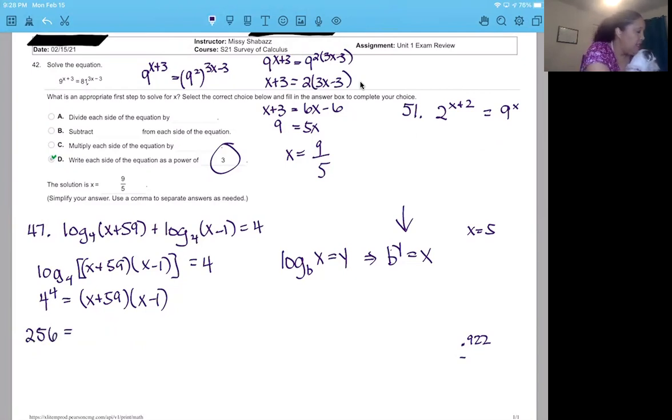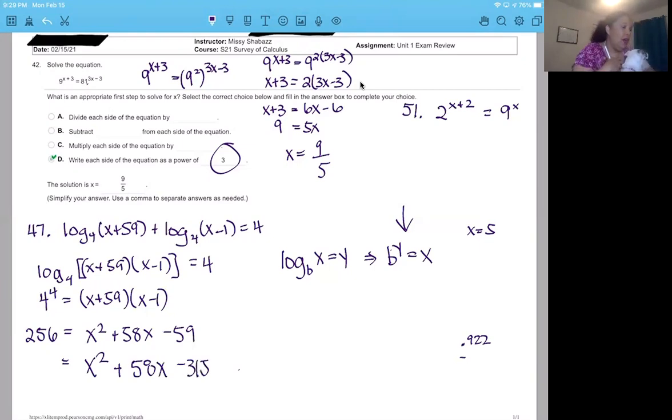And then I need to FOIL this side, so I have an x squared plus 58x minus 59. So let's subtract 256 from the other side. So I have a 59. I get 315. So I have an x squared minus 315x, whoops, plus 58x minus 315.